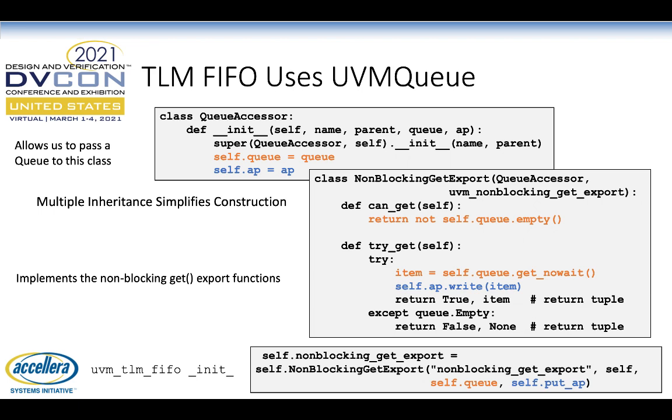Try_get, we do a self.queue.get_nowait, which if the queue is empty, triggers a queue empty exception. And you can see here in Python, we can return more than one object on a line. So if we get our item, we return True and item, and that means it was successful. Otherwise, we return False and None, and that means it was unsuccessful.